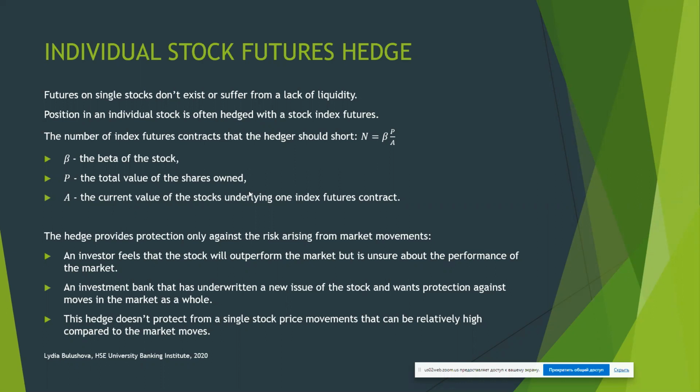There is a certain part of general market behavior. And if I believe that my security, even if its price goes down, will go down at a lower rate than the market, so the market is going to drop and the selected security can just go down a bit, I want to focus on a selected company.